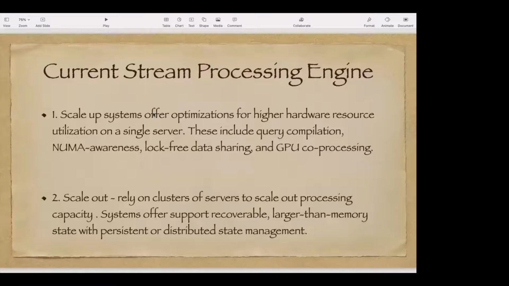Some examples of scale-out systems are Apache Flink, Spark Streaming, and Hazelcast. Some examples of scale-up systems are Brisk Stream, Sabre, and Grizzly.